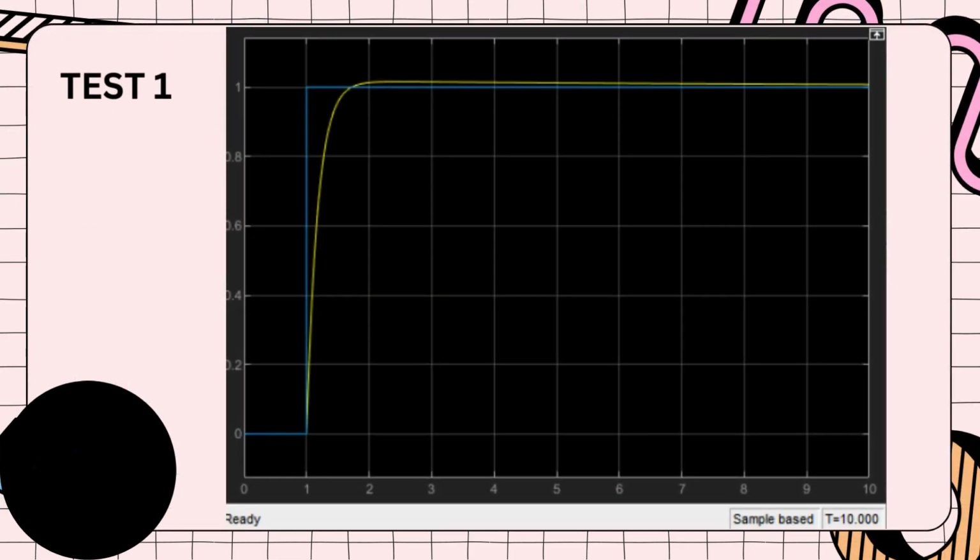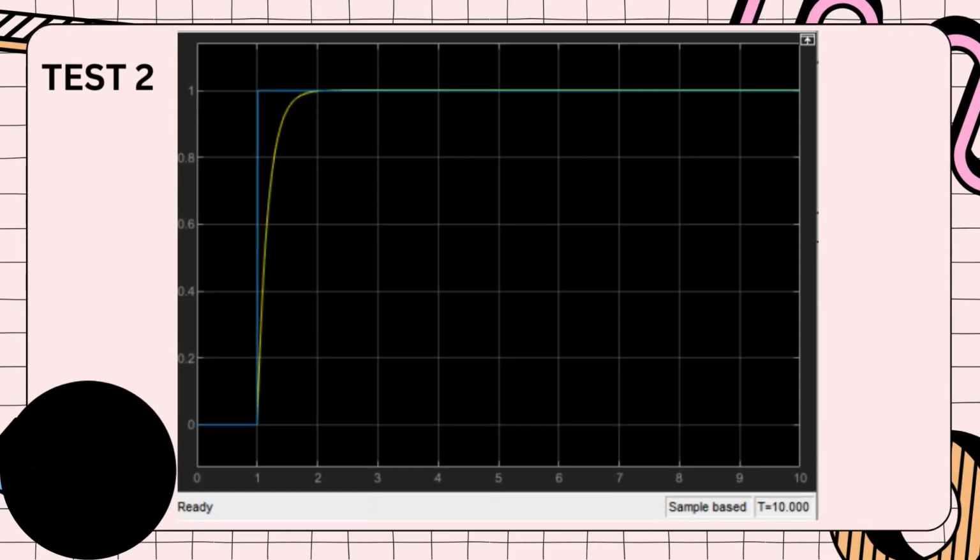This is test 1, where the value of I is equal to 1. If we look closely, the output line overshoots the step input line. This is test 2, where the value of I is equal to 0.1.